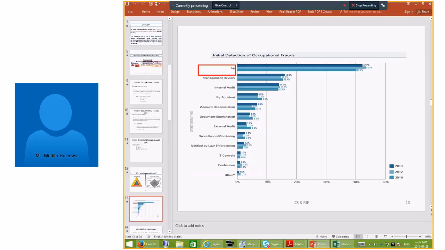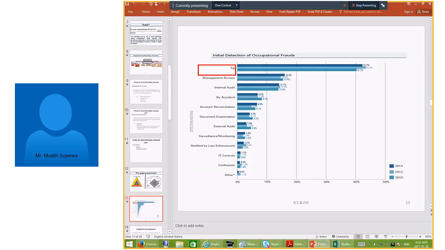But most of the frauds are detected with information given by one person. Tips. Somebody should call and tell, or give some hint to the management that frauds are happening, so please look into this. That is a tip given by somebody else.